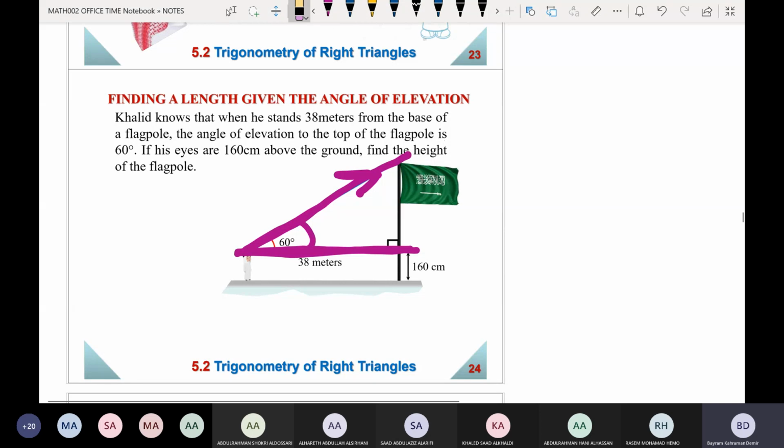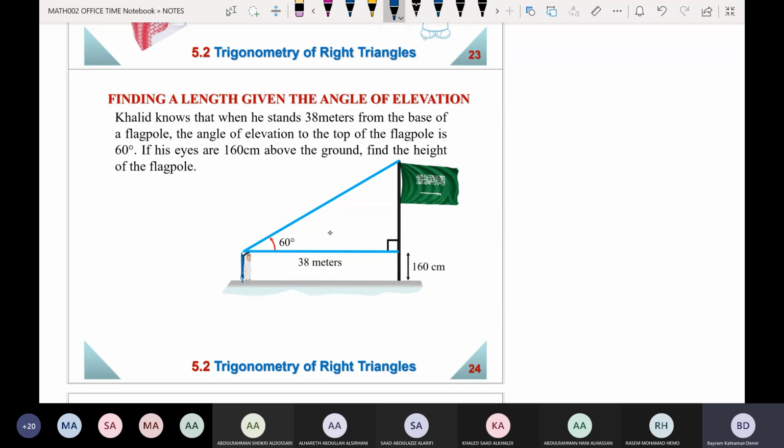Okay. Now, if this is clear, Shabab, the rest is simple calculation by using the tangent or other function, whatever you use. And now we already have 160 centimeters, because Khalid here is 160 centimeters tall.